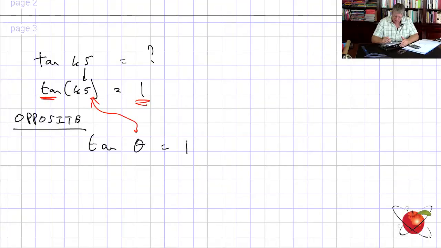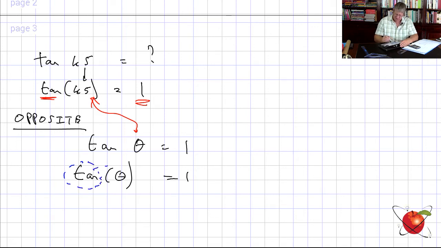Essentially, on this side I've got tan of theta, which is my angle, equal to 1. I want to get the tan to the other side, because all I'm looking for is the angle. How do I get the tan to the other side?